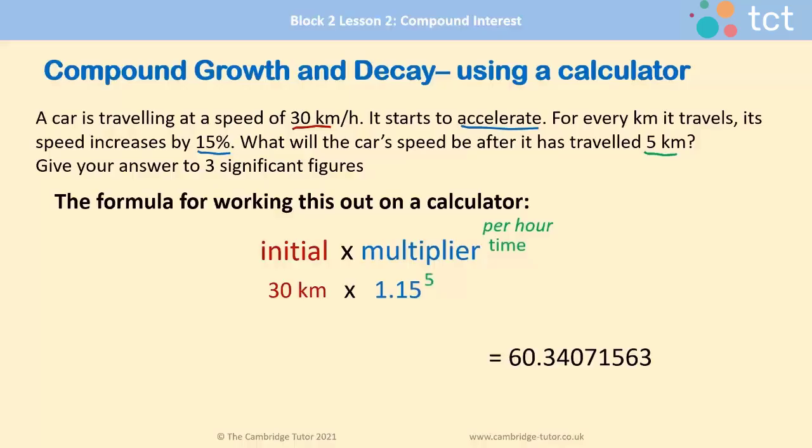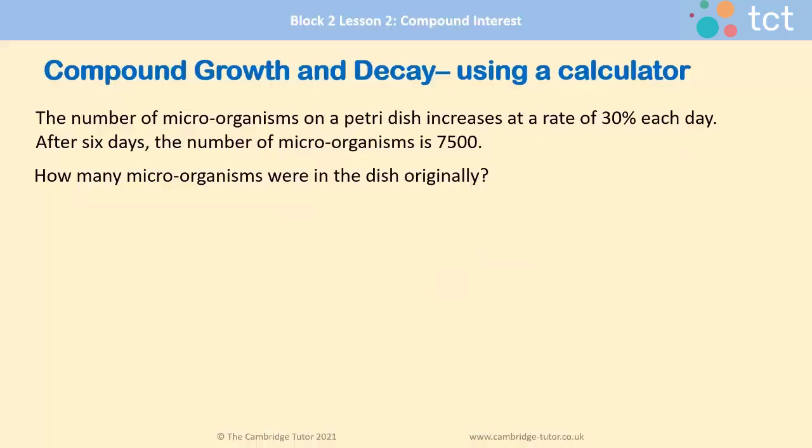When you put that into your calculator, you get 60.34071563. It asks you to give your answer to 3 significant figures. That's 60.3. Just check the next digit in case we need to change that 3, and we don't. 60.3 kilometres an hour.